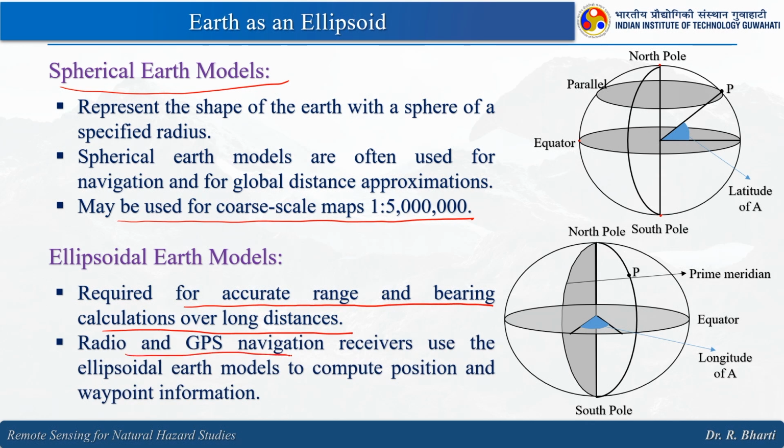Radio and GPS navigation receivers use the ellipsoidal Earth model to compute position and waypoint information, right. So, here you have Greenwich prime meridian, equator, then North Pole, South Pole and this is how we were representing the Earth.